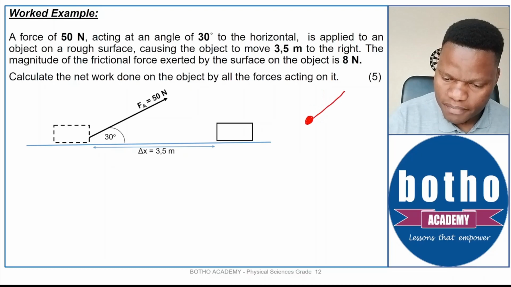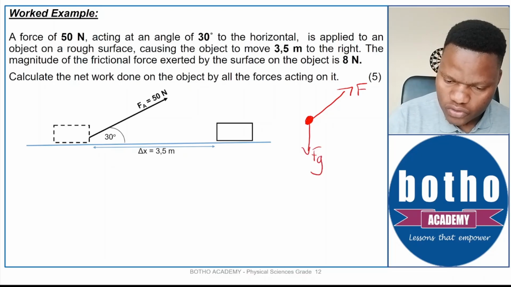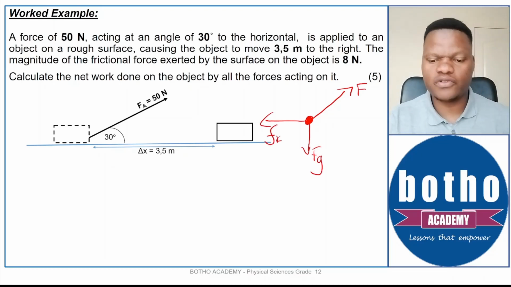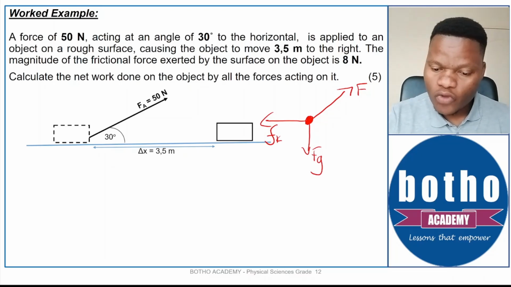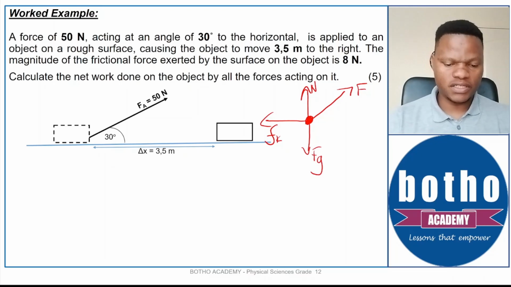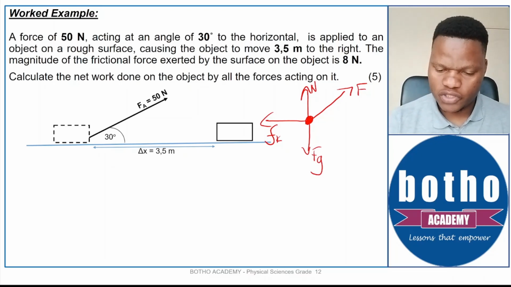There would be this force applied here, F, and there'll also be the weight, which is the force of gravity, and there'll also be the frictional force because the object is moving to the right. This will be the kinetic friction because the object is moving. Also, there will be the normal force because this is an object that is on a surface. The surface will be applying a normal force on the object.